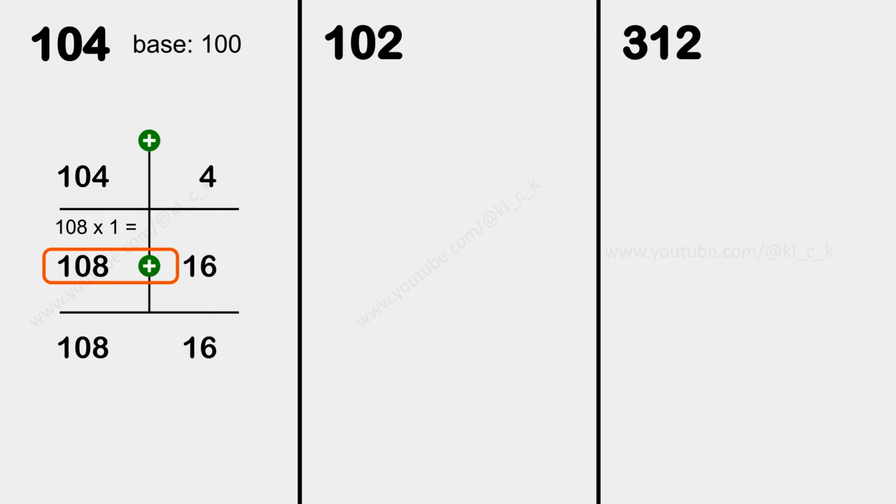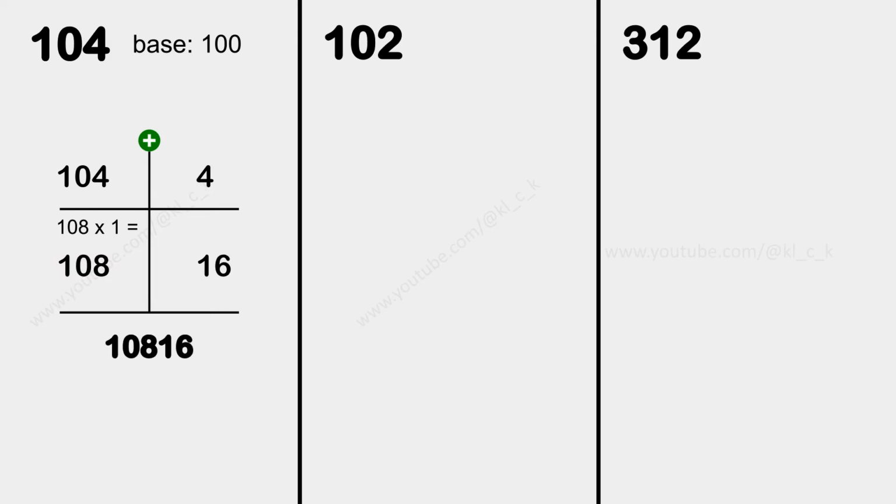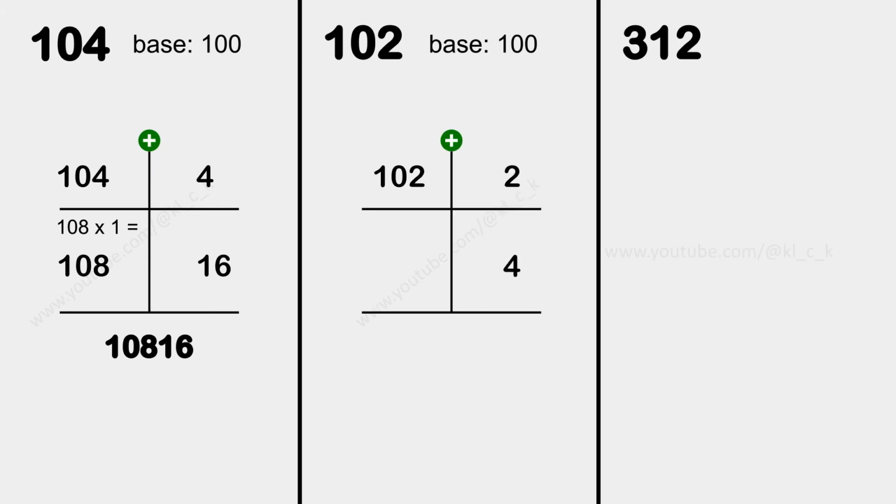As there are no extra digits, we sum 108 with 0 and write the sum value 108 to the left below the second horizontal line. Next, we join the left and right numbers below the second horizontal line, and this is our final answer. The square of 104 is 10,816. Similarly, we can find the square for the numbers 102 and 312.